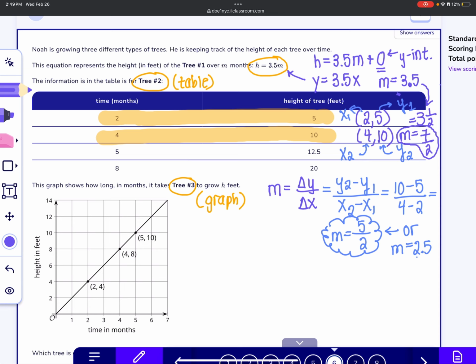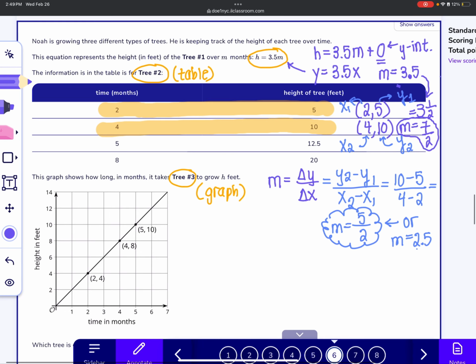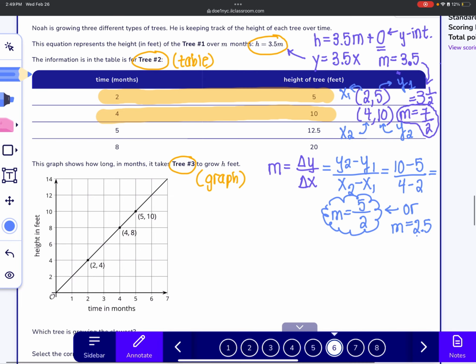Alrighty, we're almost there. We're going to look at the slope for tree number 3. For tree number 3, we're going to pick 2 points again that lie at the corner of a square. So this dot here that I'm drawing in actually lies at the corner of the square. So I can even label this as 1, 2.